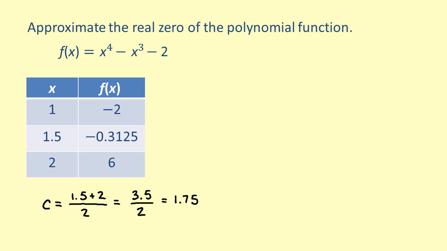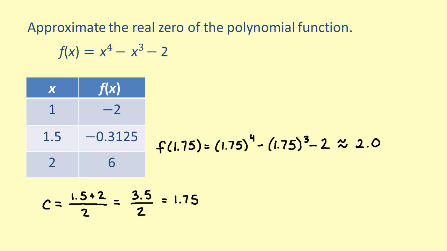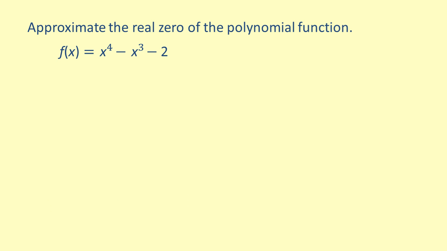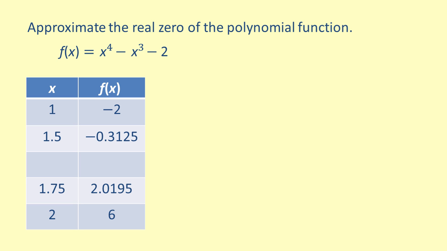This gives us f of 1.75 equals 1.75 to the fourth minus 1.75 cubed minus 2, which is approximately 2.0195. Using the bisection method again, this time with the values 1.5 and 1.75, gives us an x value of 1.625.